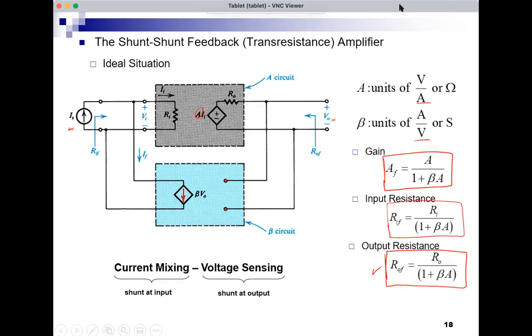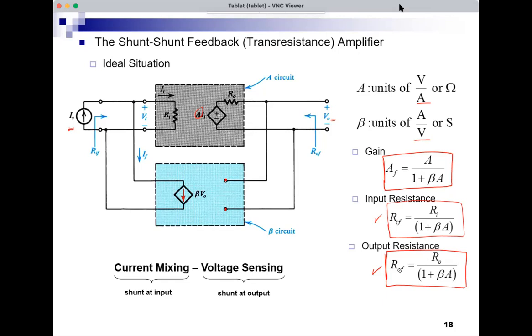Because the input quantity is a current, I would like the input resistance to be as small as possible also. And this is going in the right direction also. So again, for this type of amplifier, where the input is a current and the output is a voltage, feedback reduces the input resistance and the output resistance, and therefore improves them by taking them in the right direction towards the ideal value.